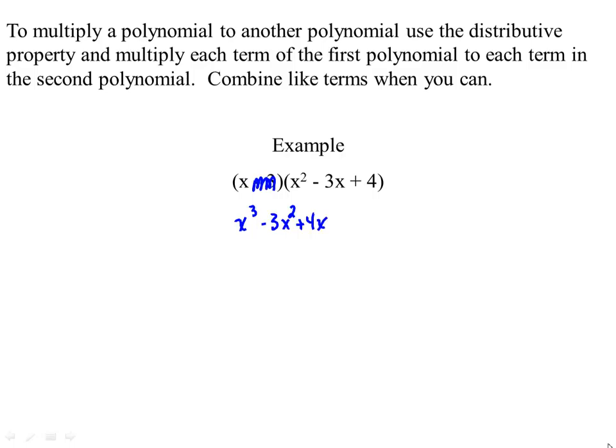You're going to multiply that x in that first group times everything in that second group. Now, don't forget that negative 3, because now we're going to take a negative 3 and multiply it times everything in the group.